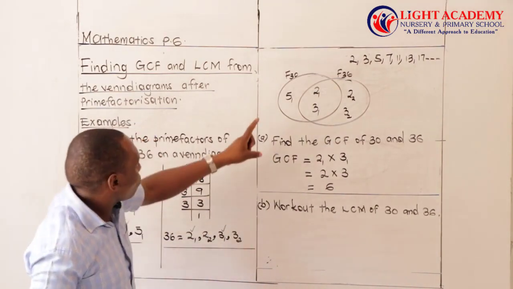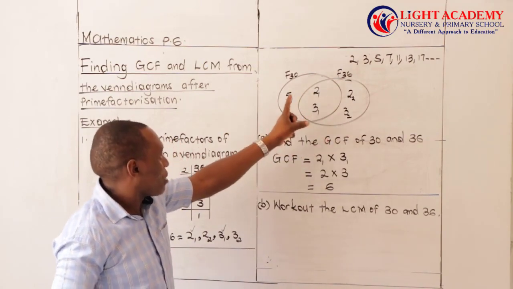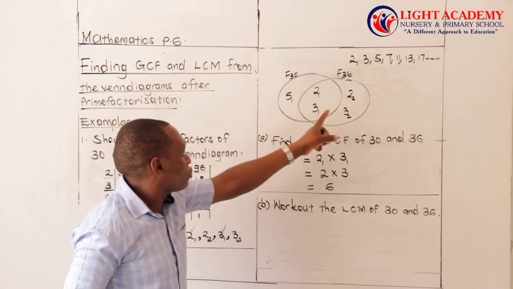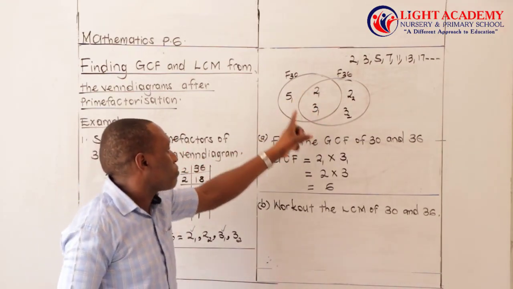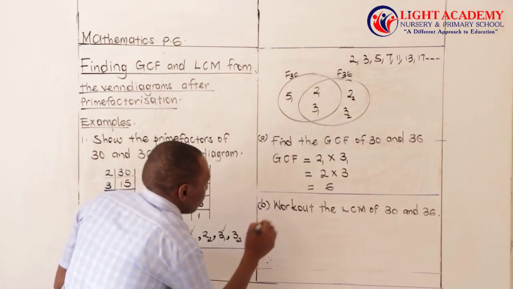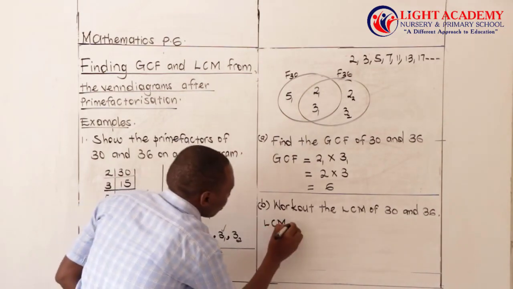Excuse me. So when we want to get the LCM using this very question of the prime factors on the Venn diagram, I must get the product of all the prime factors. I multiply all the prime factors in both sets. So I will simply say the LCM shall be gotten from the first step.